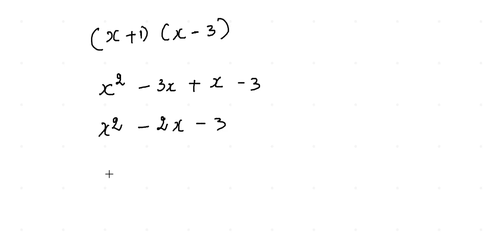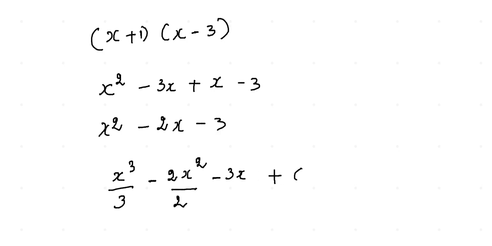The antiderivative of x squared is of the formula x cubed divided by 3, okay? Minus 2 into x to the power of 1, so that will become x squared divided by 2, minus, here it is 3, so if it is a constant then it becomes 3x, and then ultimately you add a constant, okay?